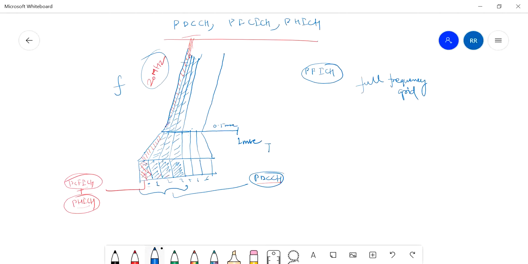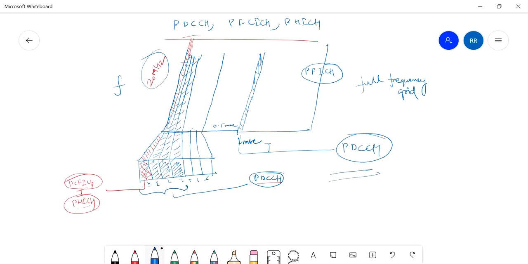Like here PDCCH is getting transferred, so this is one subframe and this is suppose another subframe, so it will also get transferred in the first symbol of first slot of every subframe. This is PDCCH again, right? So just for your information, I forgot to tell you.